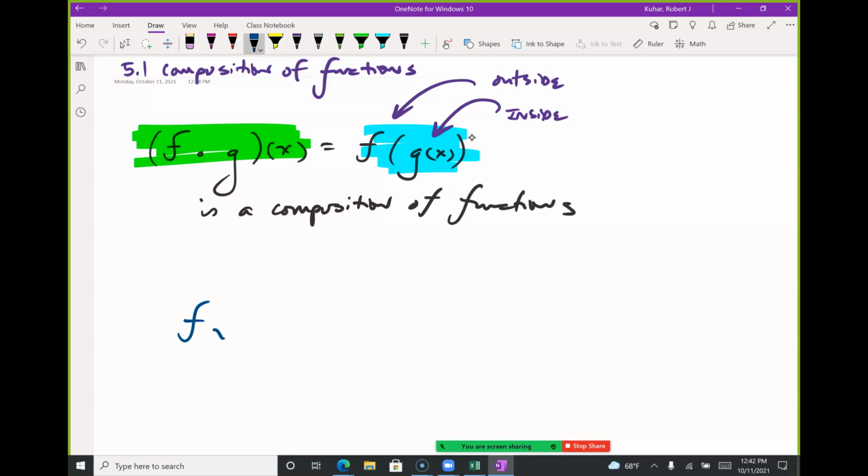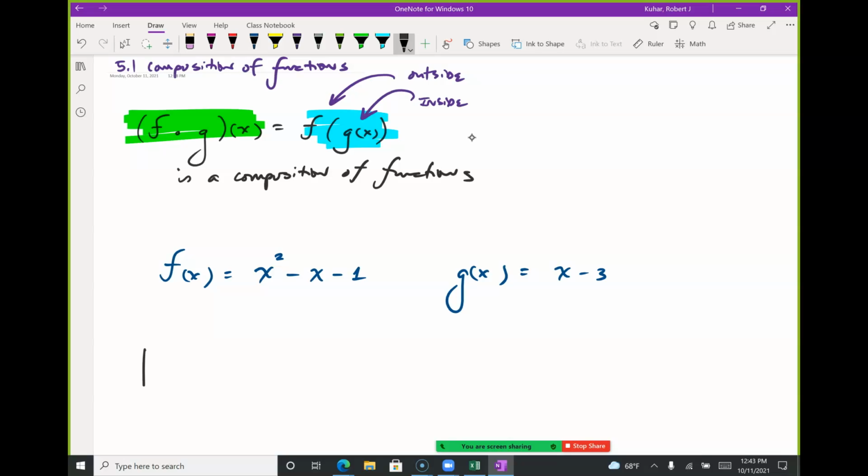So let's say f of x is x squared minus x minus 1, and g of x is x minus 3. I want to find, and I do this all the time, the composition h, because I don't like to write f of g of x every time. I want to find h of x, which is f of g of x.